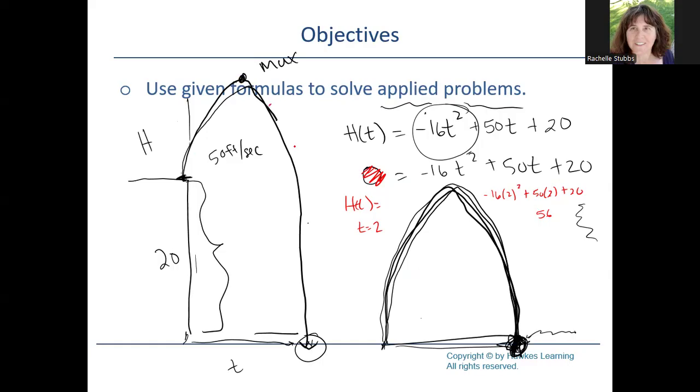We don't know if it's on its way down or not, but what would it be after 4 seconds? Would it have landed on the ground? So we put 4 in there.